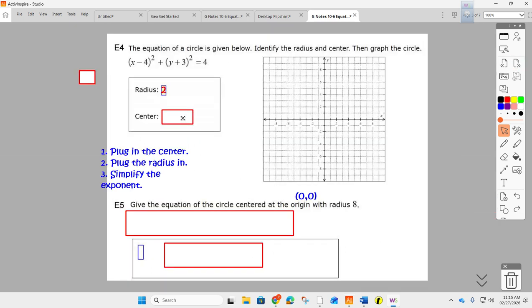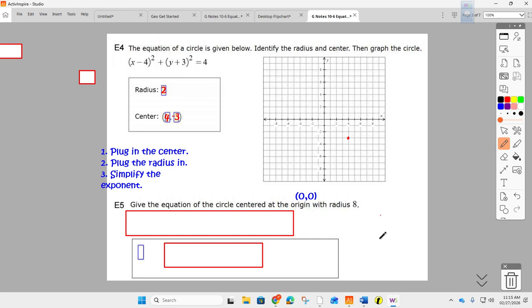All right, and then what is the center of this circle? Vivian, can you give me the center of the circle? Perfect. All right, so then we're just going to plot the center point. So the center point is 4, -3, so from the origin, right 4 and down 1, 2, 3.